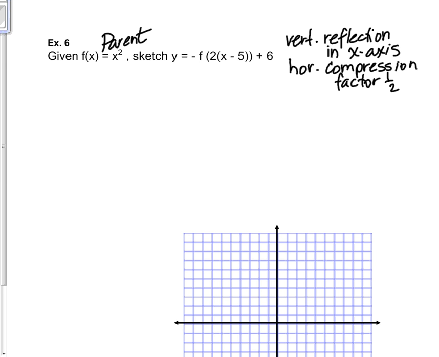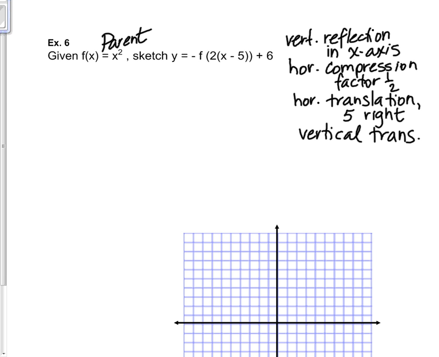The subtract 5 is inside the function, so it is a horizontal translation. It is 5 to the right. Lastly, we have an add 6 on the end, outside of the function. It is a vertical translation up 6. Let's draw our parent function and then each transformation in order.